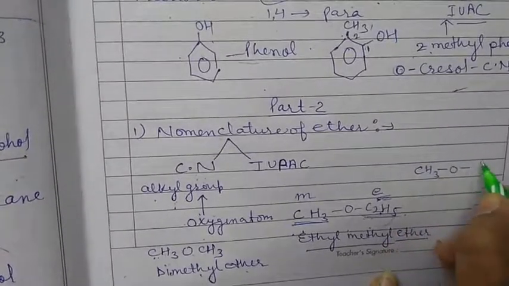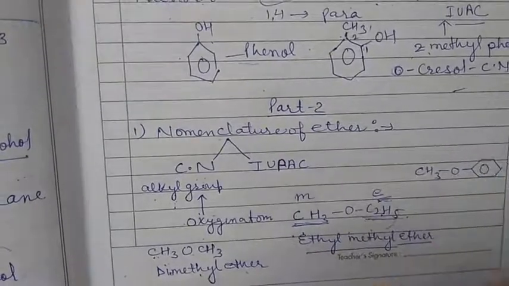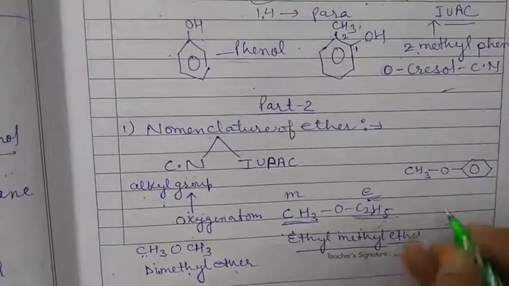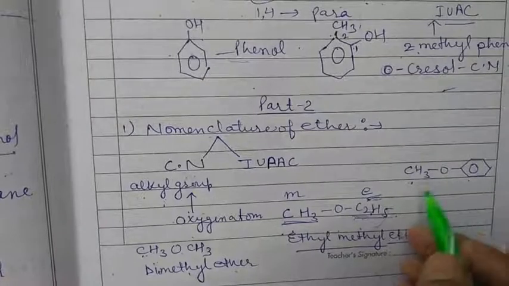Now if the case is like this, that we have a CH3 group here, then oxygen, and then it is attached to the benzene ring, or a phenyl group. So this is the methyl, and this one is the phenyl. Which comes first, M or P?